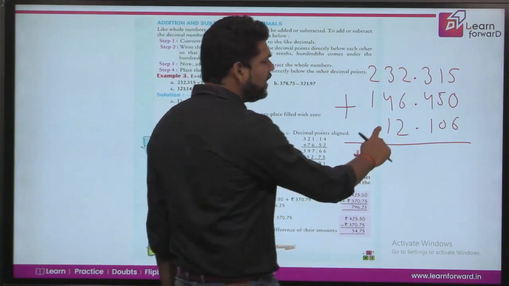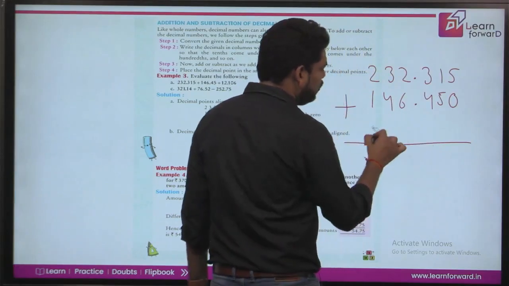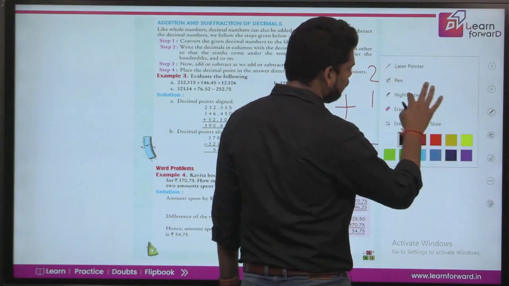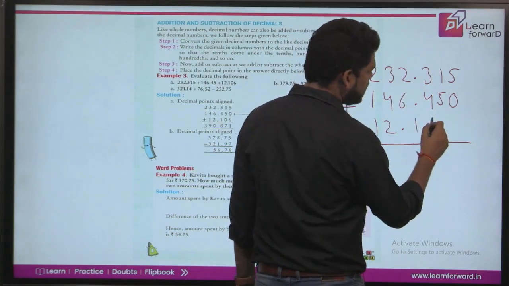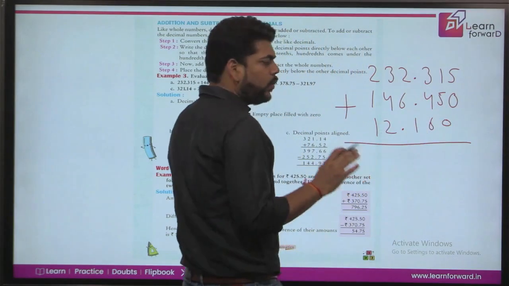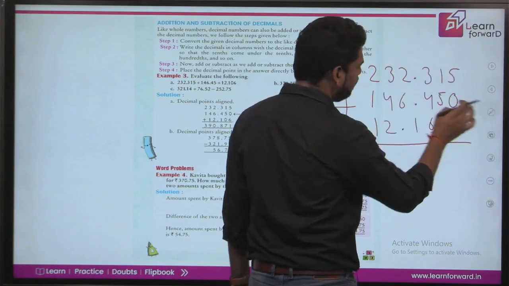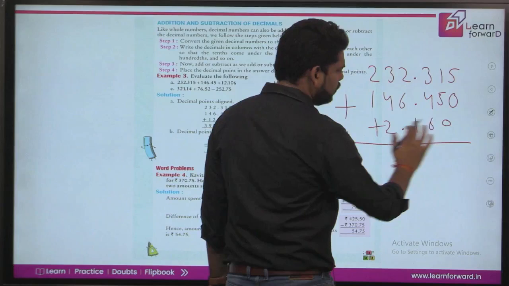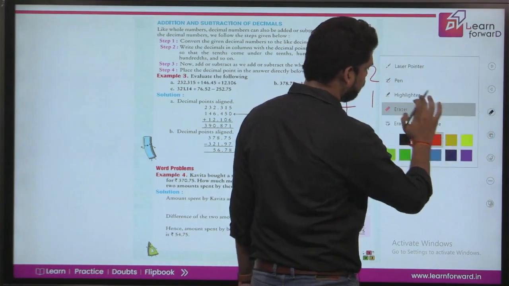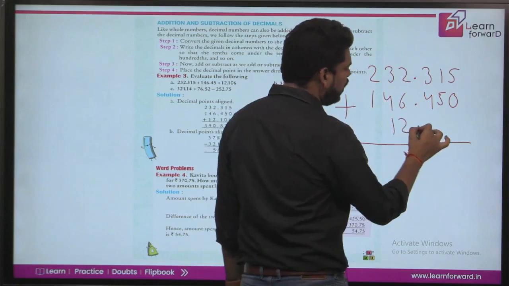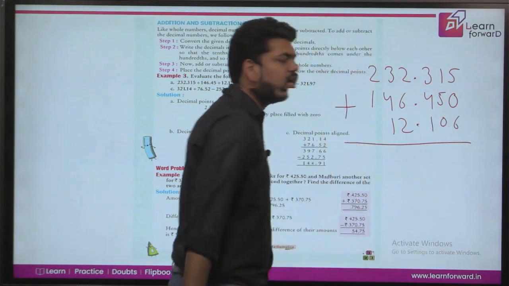I am not writing this as 12.160. No. What I am doing is putting this decimal below this decimal. Fine. So I will write 12.106. This is how we will add them.